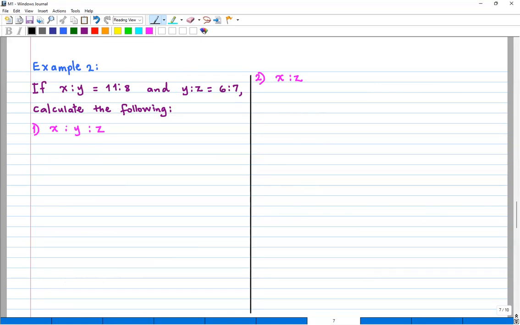If x to y is 11 to 8, and y to z is 6 to 7, calculate the following. Number 1, x to y to z, and number 2, x to z. Okay, let's get our solution here.